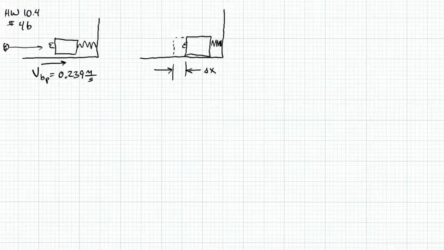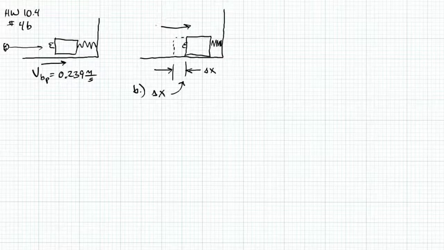Now, part B asks us, what is the change in displacement of the spring? That is, how far does this putty and block system move from its original position and compress the spring before coming to a stop?